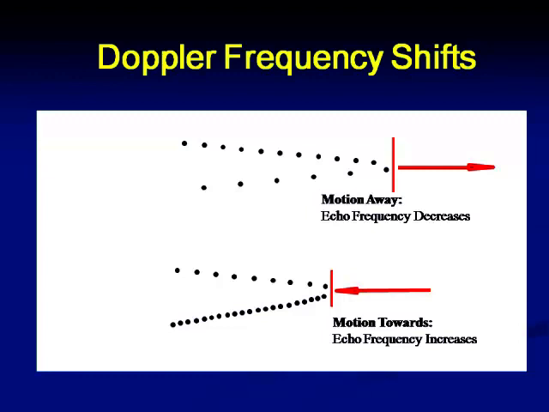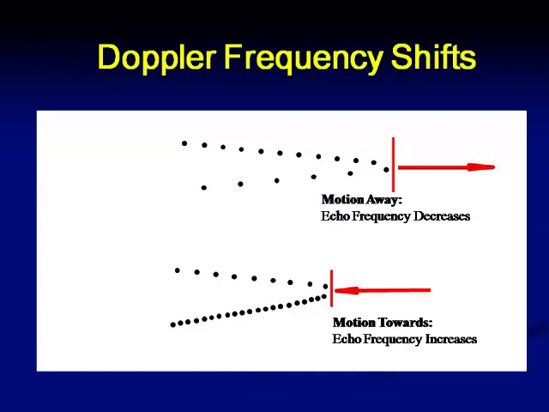Shift can be positive or negative frequency depending on whether the movement is close to each other or away from each other. So whenever there is a relative velocity between source and the receiver, there is going to be a change in the received signal frequency, and this is the fundamental principle on which the CW radars are developed.